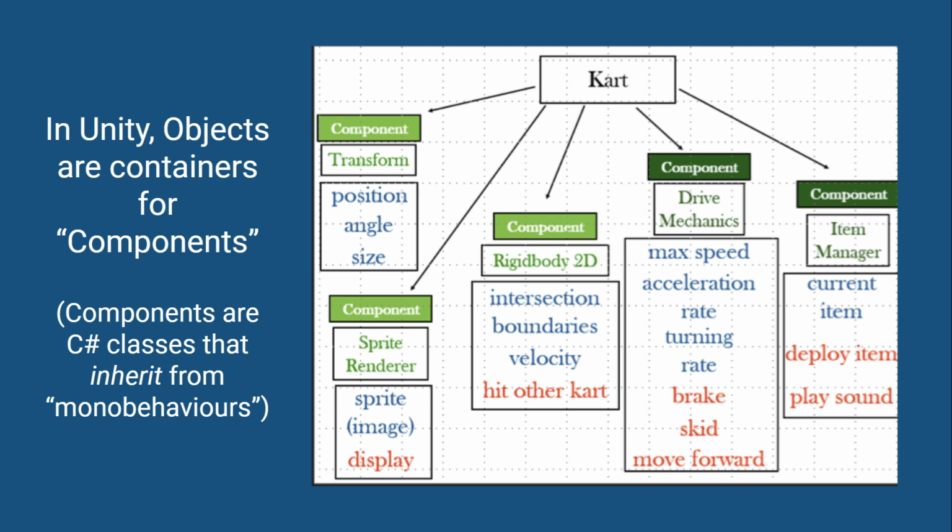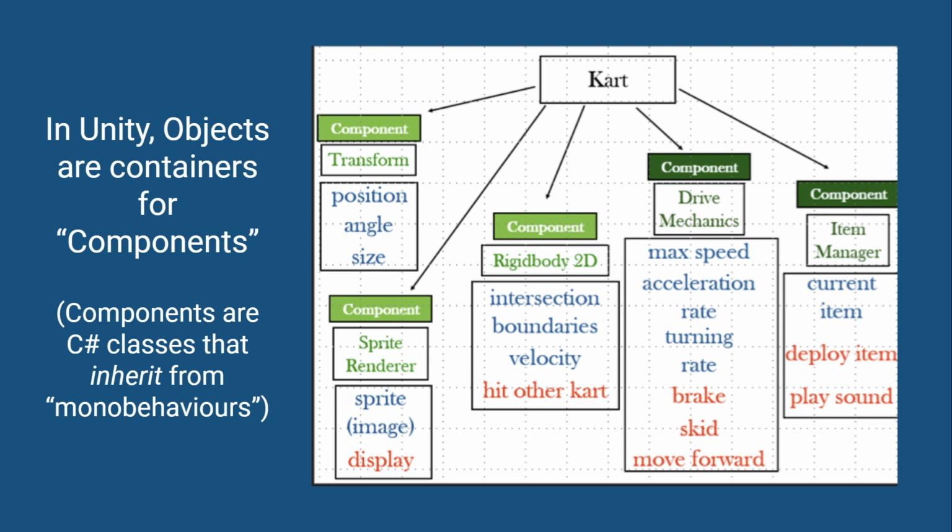So for example, in the kart, we might have a transform component that consists of the position, the angle, and the size, or the scale of the kart. Okay, so it makes sense for those things to be together and to have a common set of functionality around them. So you might scale or rotate or reposition or move objects.